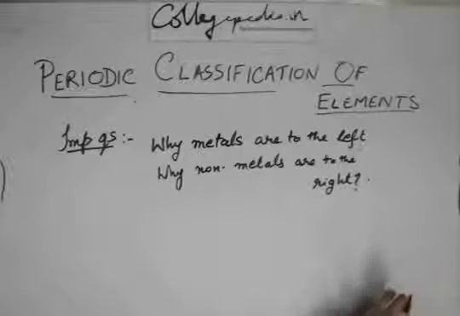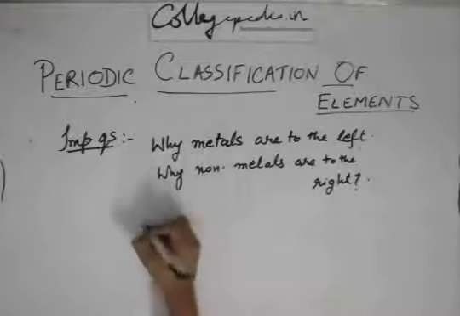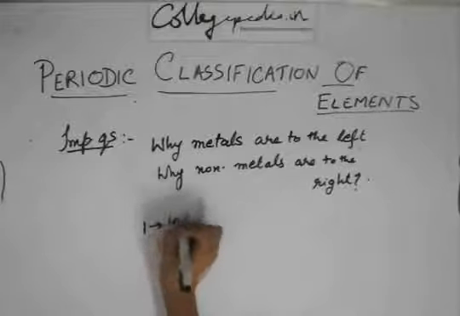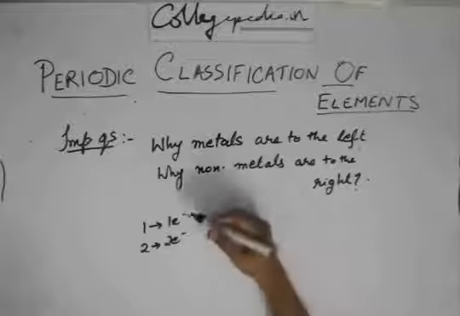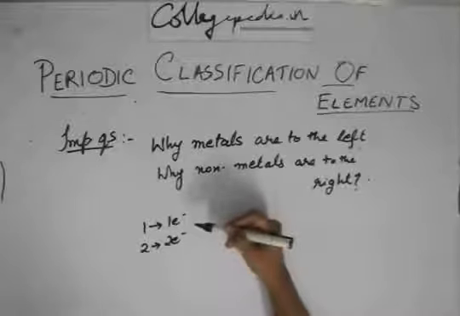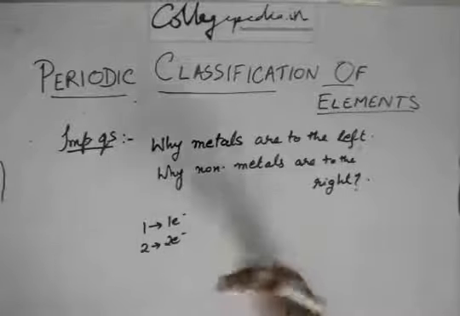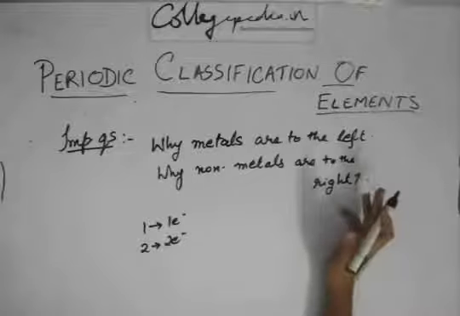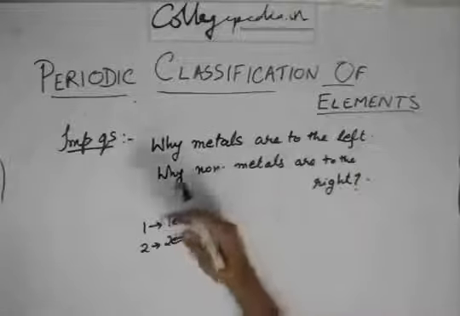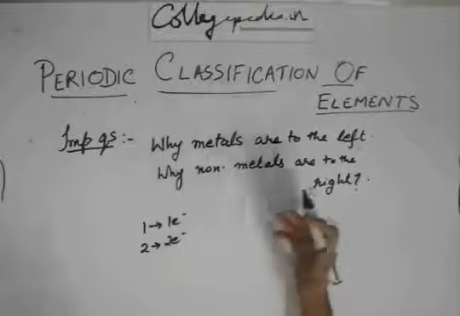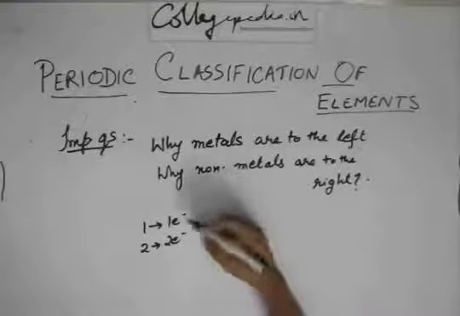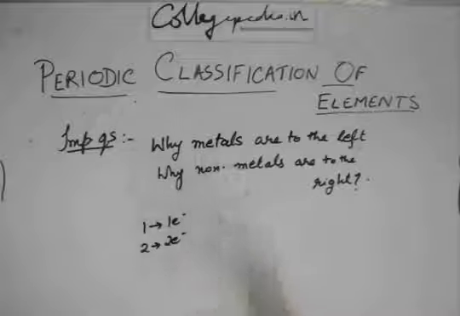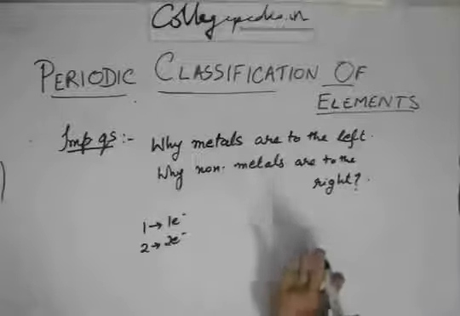It can be observed that since group 1 has 1 electron and group 2 has 2 electrons in the outermost shell, they can be easily given away to become a plus ion, in this case a 2 plus ion. So these behave like metals, giving away electrons.